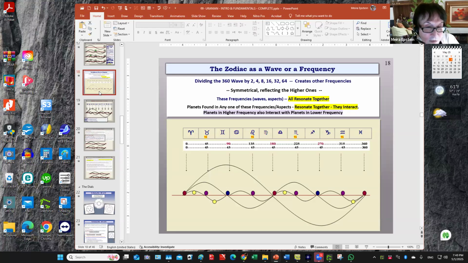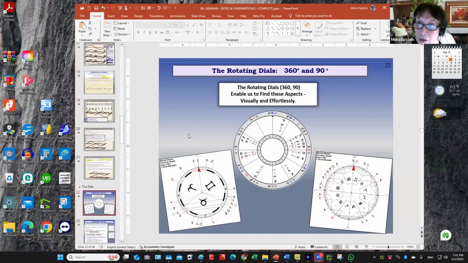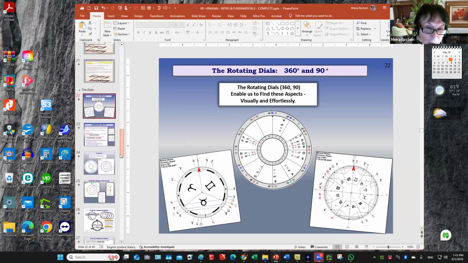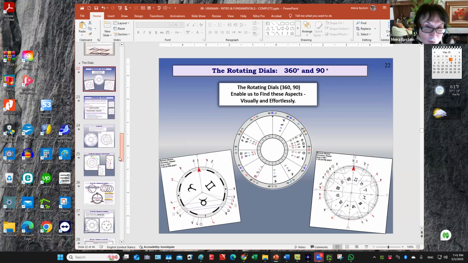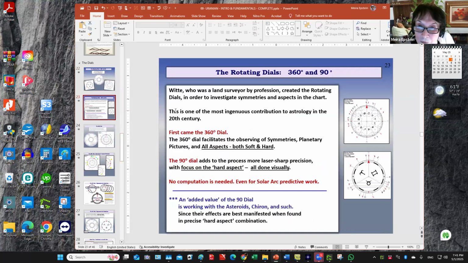The 22.5 is also included; they move up and down, one included in the other. So I'm done with that. And now I'm going to explain how the dials show that. So now I'm moving to the dial. What I did just now is talk a little bit about hard aspects and where they come from. Now I'm moving here.